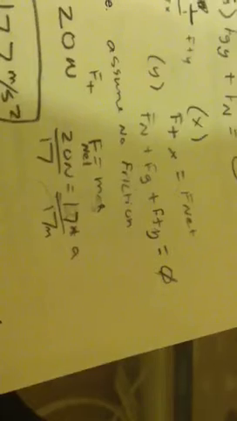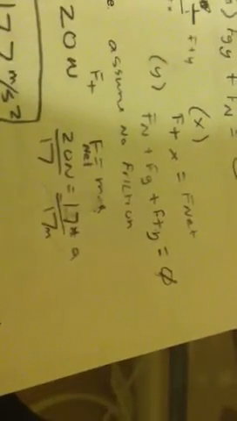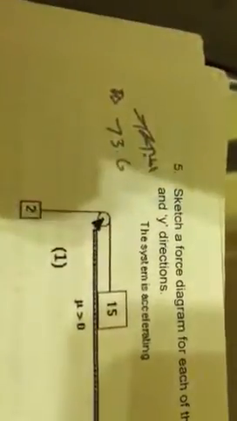To solve for acceleration, you divide 20 newtons by 17 kilograms, and you get an acceleration of 1.177 meters per second squared. So that means that this little thing will be moving at an acceleration of 1.177 meters per second squared.